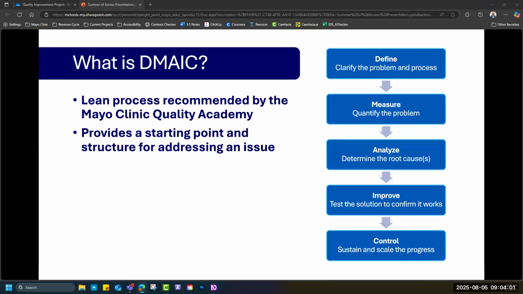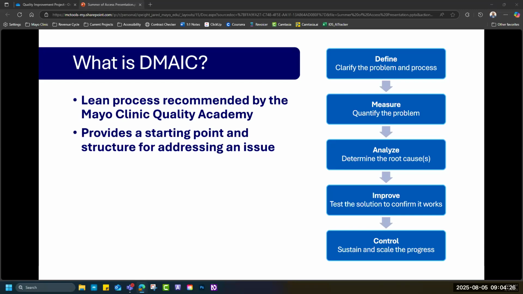With that, I'll turn it over to Jared. As Rachel mentioned, we completed a Silver Quality project using the DMAIC process. We first defined our problem, then quantified it, determined root causes, and tested the solution before moving on to sustaining and scaling our work. As many of you know, improving accessibility can feel overwhelming. There are so many areas to consider, and it feels like you need to fix everything at once.